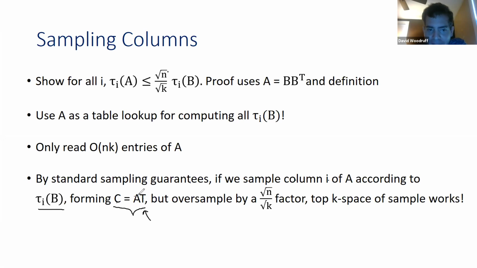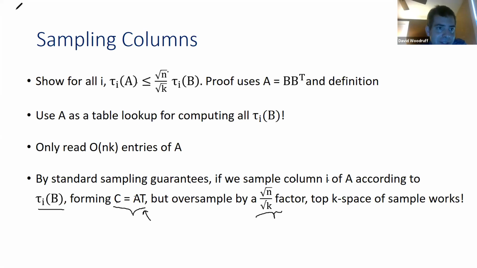It's going to select columns of A and then rescale them to preserve expectations. But if you oversample by a root n over root k factor, then this simulates sampling according to the ridge leverage scores of A. And so the same thing works, just take the top k space of your sample and you're done.